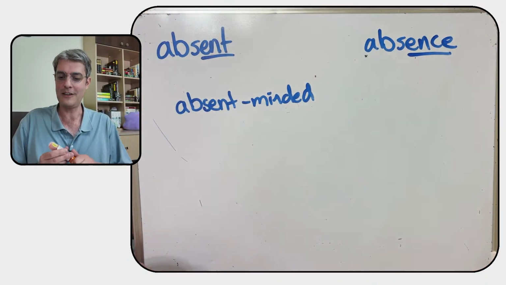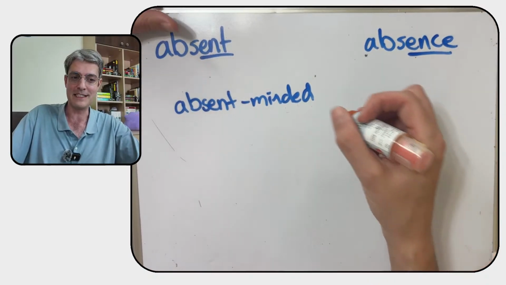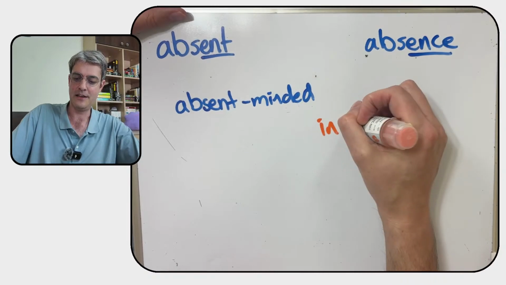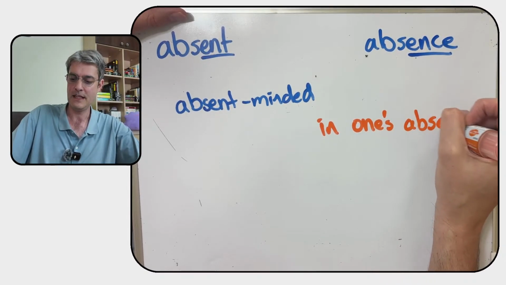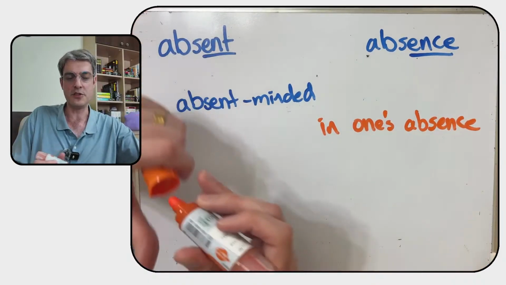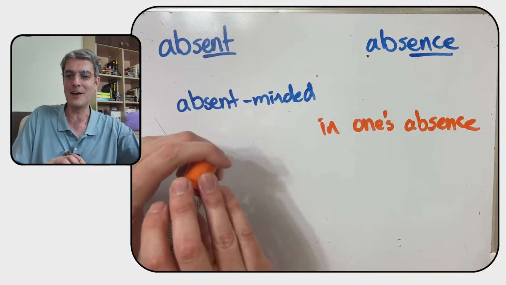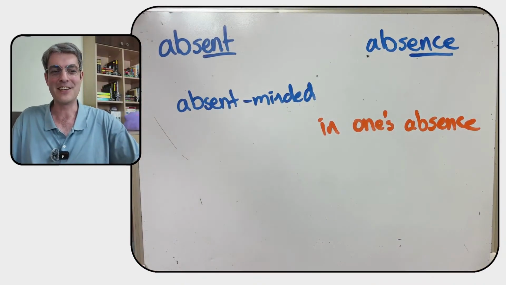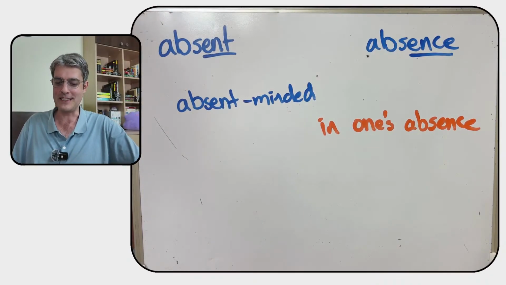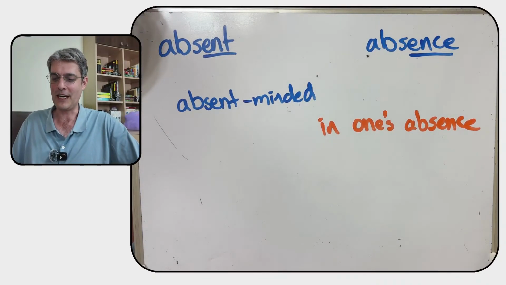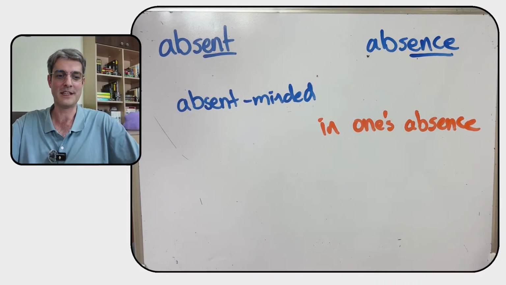And then for our collocations with absence, we can say in one's absence. And that means to do something while someone is away. So maybe in someone's absence, you voted and made a decision without them.